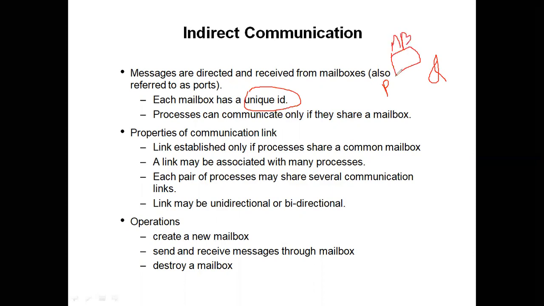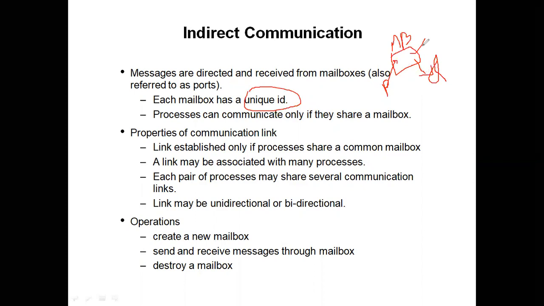Whenever P wants to send a message, it will send to the mailbox MB, and Q will receive the message from the mailbox MB. This MB has a unique ID, and this unique ID is used by the processes P and Q to communicate.